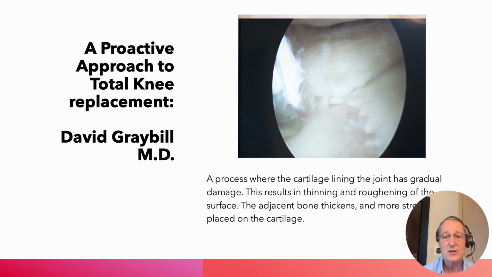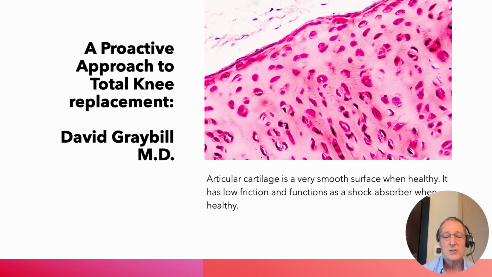If you have an injury to the knee, a fracture into the joint, or a severe injury, such as completely tearing the meniscus or an ACL tear, there is damage to the cartilage, and the knee will become arthritic over time. The rate of progression is quite variable from patient to patient, but it is a relentless process.